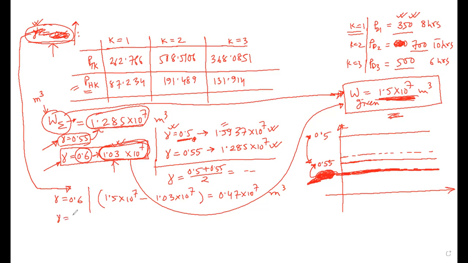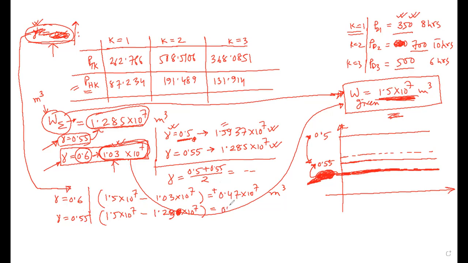With gamma equal to 0.55, it is a positive error. Remember, this is a positive error. For 0.55, it is 1.5 into 10 to the power 7 minus 1.285 into 10 to the power 7. Let's say it is 1.29.